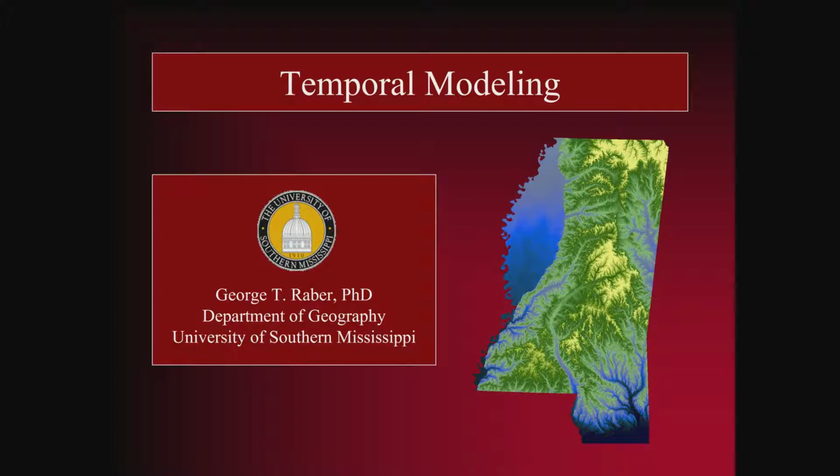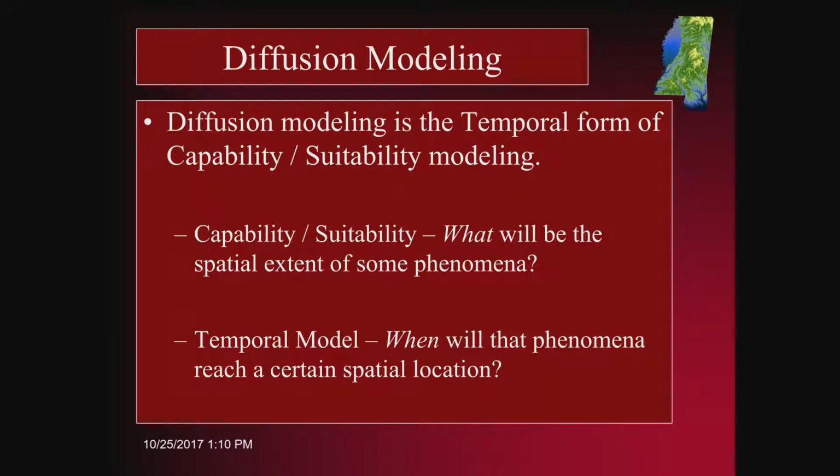So today we're going to talk about temporal modeling, and specifically one type of temporal modeling, and that is diffusion modeling. We're going to model in raster GIS the process of something spreading through diffusion. So we're going to have to define diffusion, and we're going to talk about what that means.